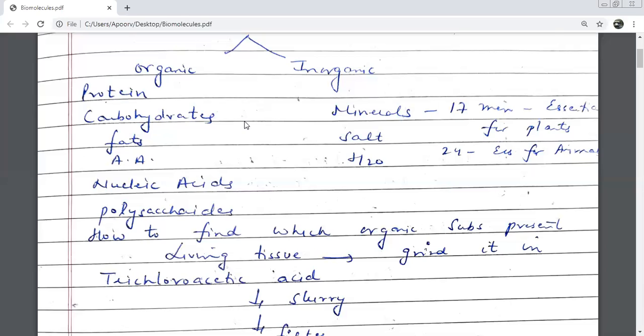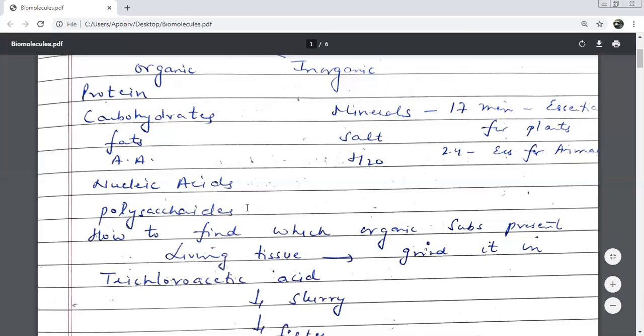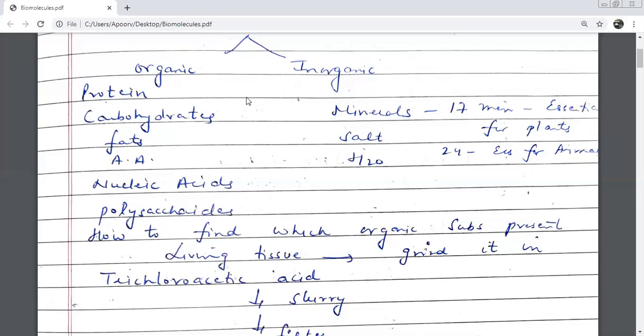These are the main categories of organic molecules found in living organisms. Will all these be present in your body? Yes, because we said they're organic molecules.